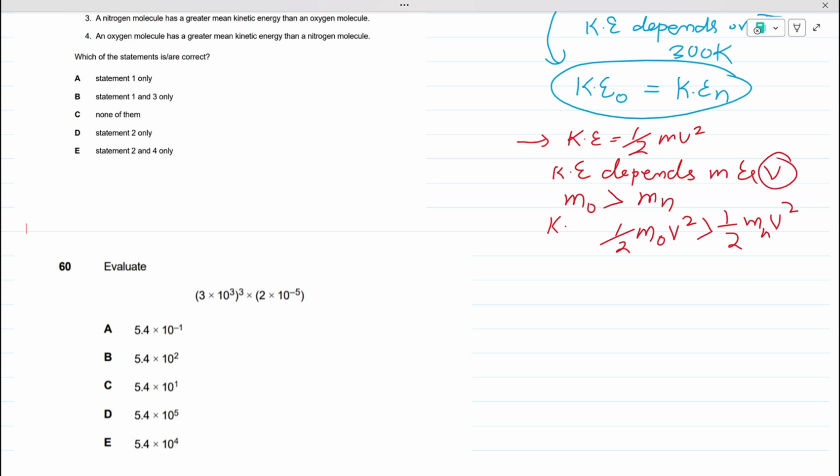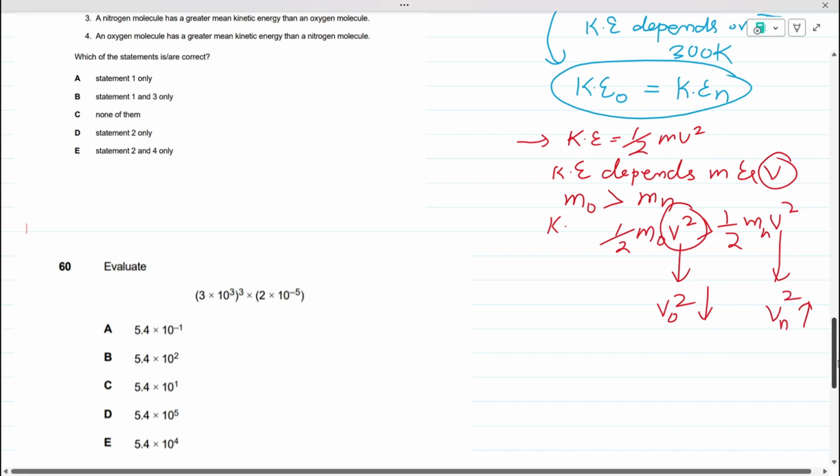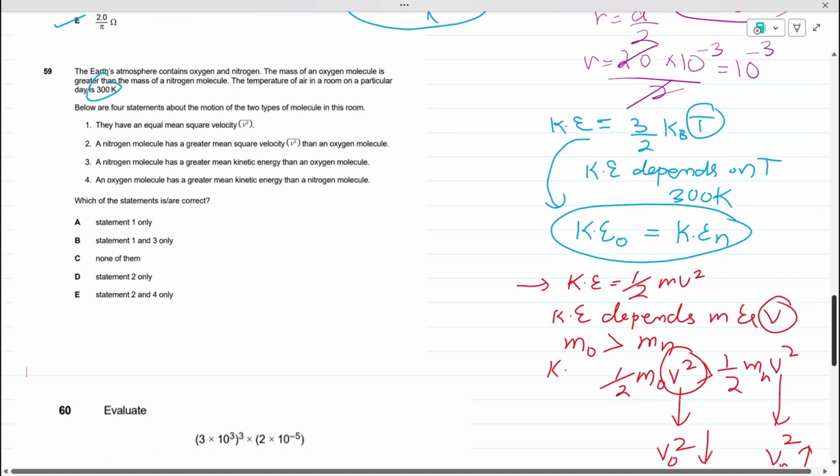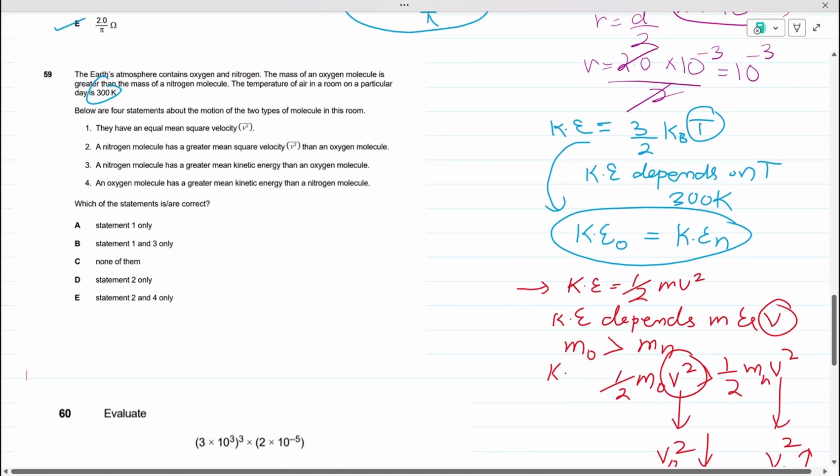But we know that the kinetic energy also depends on velocity, which means in order to make these both same, I have to make the velocity of oxygen lower, and the velocity of nitrogen I have to make higher in order to equalize these both things, right?